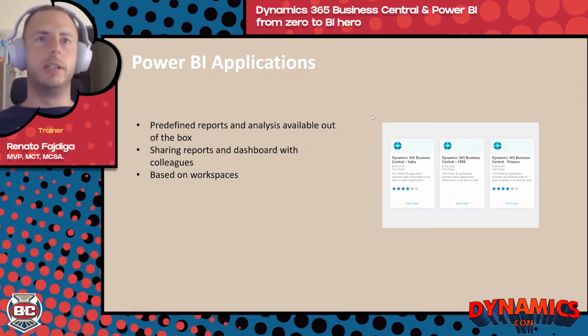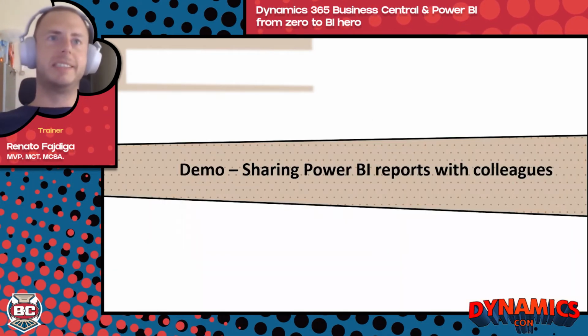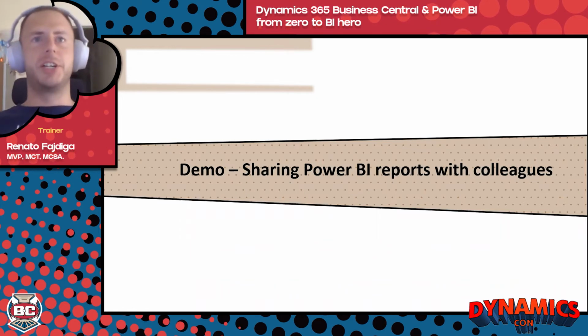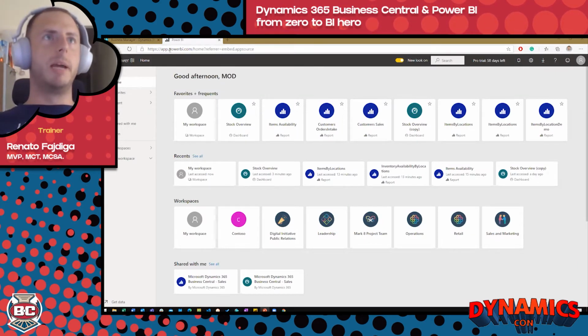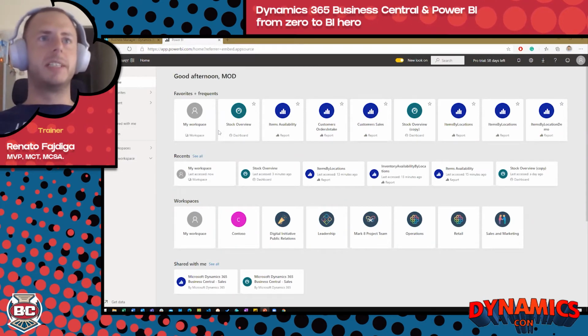So I will switch to my next demo, which is sharing Power BI reports with colleagues. Okay, now I'm in my Power BI service. I logged into app.powerbi.com, and here I can see various favorites, frequent and recent workspaces which I used.